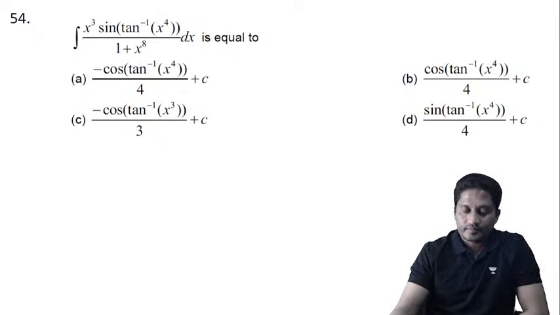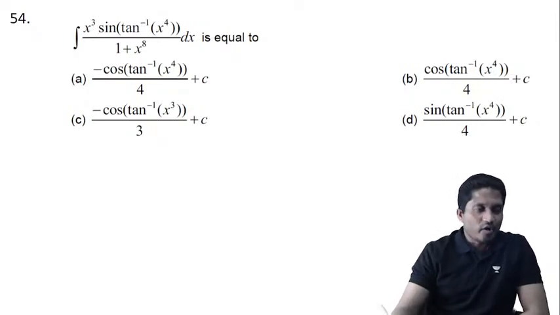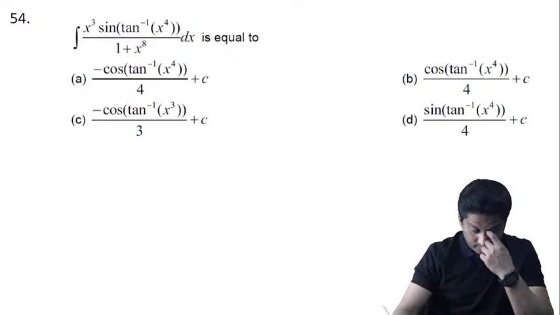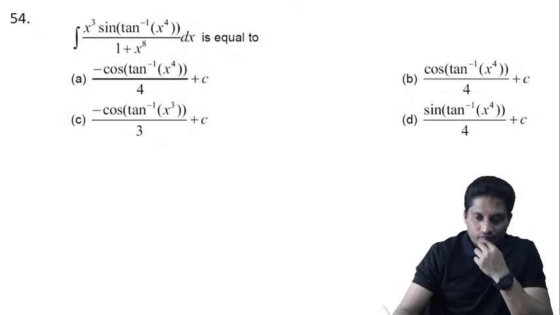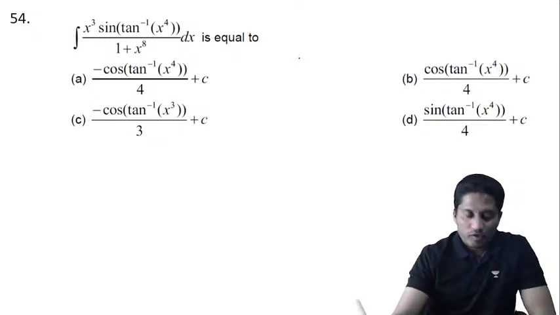Alright, can anyone tell me how you start this question, guys? x cube into sine of tan inverse of x power 4 by 1 plus x power 8. What's the substitution here? How do you start? I should put tan inverse of x to the power of 4 is equal to t.